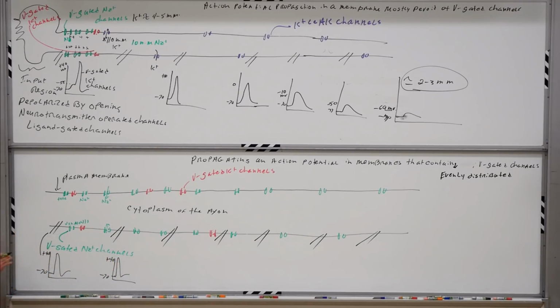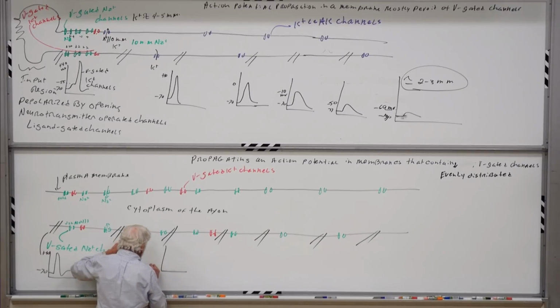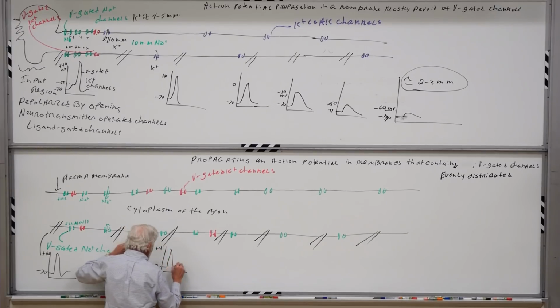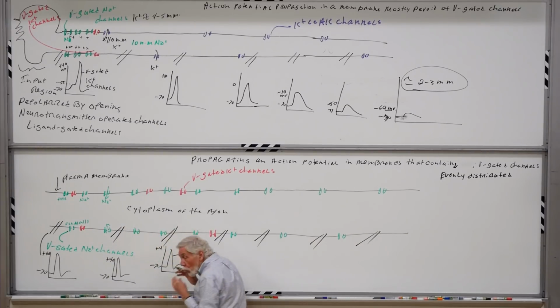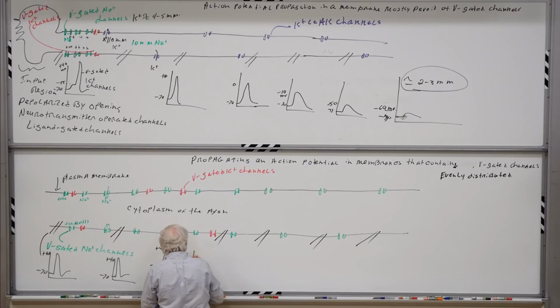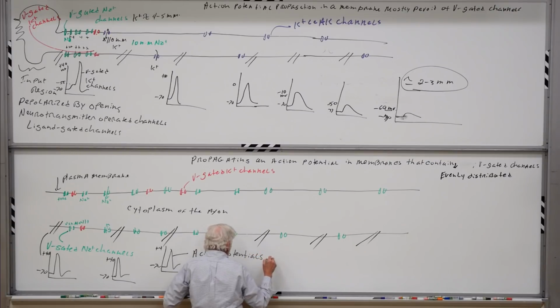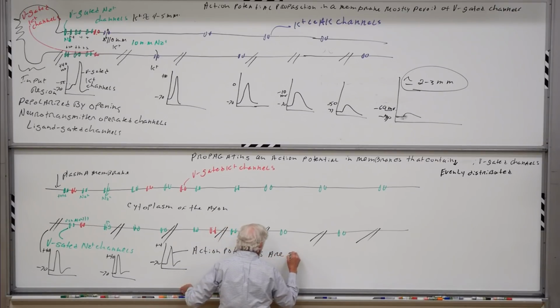Wherever we measure along this membrane, we're going to see exactly the same potential. The reason we see the same potential is that at each of these sites, we're opening the voltage-gated sodium channels, so we go from -70 to +40, and back down again. We can describe these potentials as action potentials, and they are invariant.